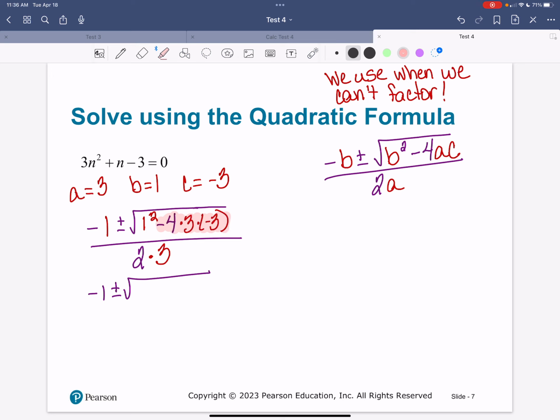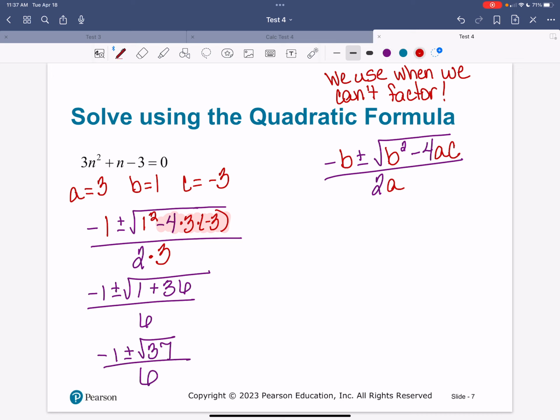So what is negative 4 times positive 3 times negative 3? Positive 36. So then I have 1 plus 36. Students tend to get caught up and make a mistake right here because you try to do too many things at once. Focus on this minus 4ac first, then deal with your b squared. Now I'm going to rewrite this again: negative 1 plus or minus the square root of 37 over 6.